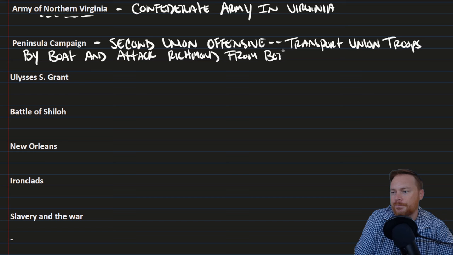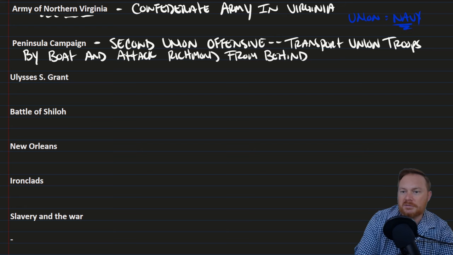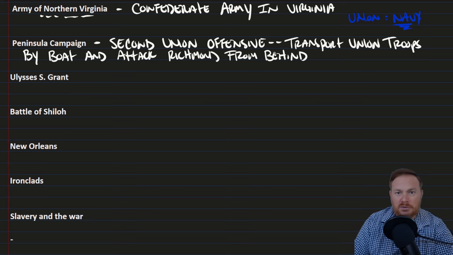That was the goal. One of the other strategies that the Union had all during the war was a superior Navy. And so McClellan believed that using the Navy to move the Union Army to attack Richmond from behind would be a better task, right? It might include something like the element of surprise.